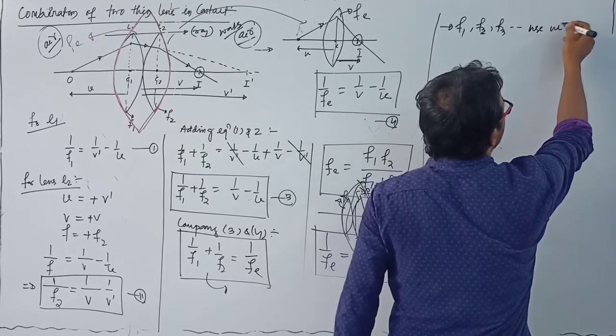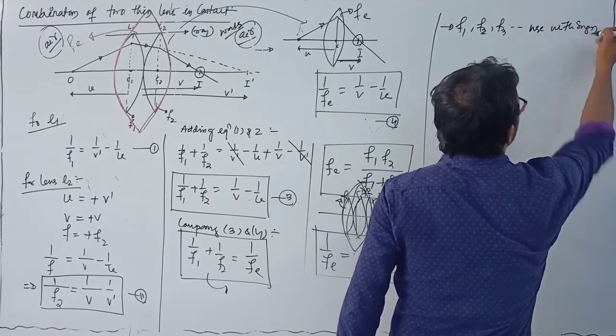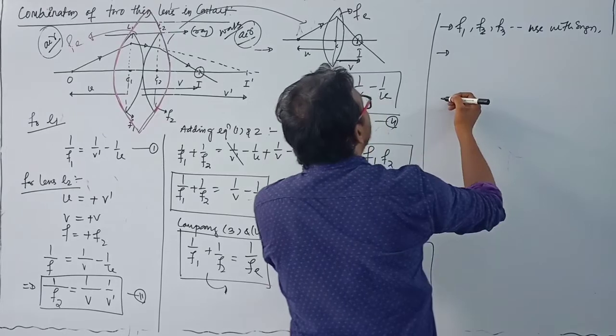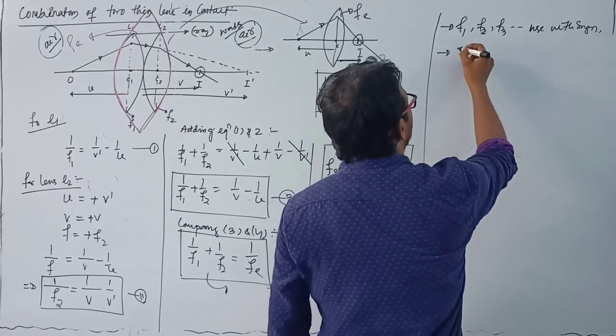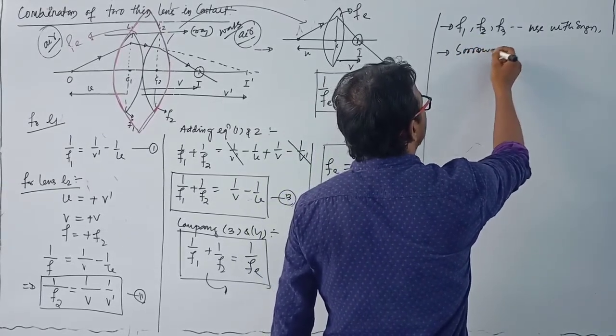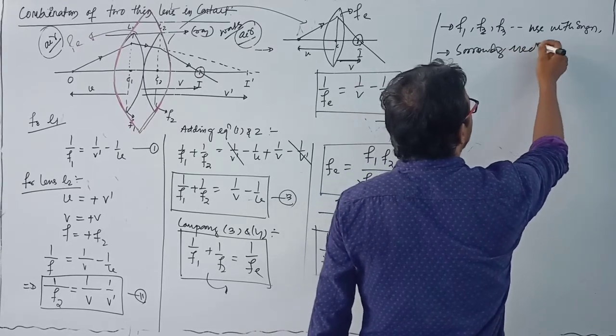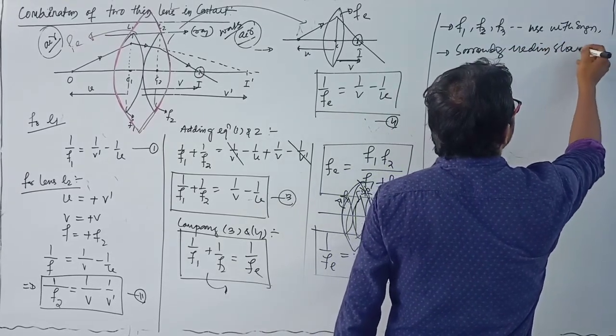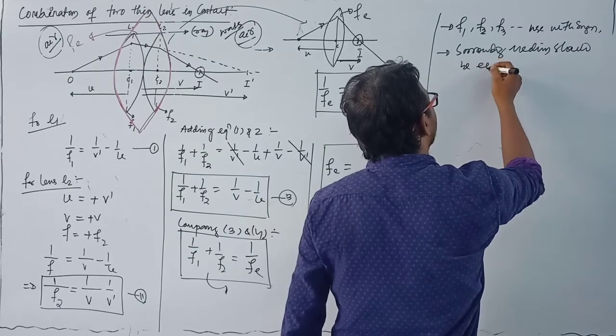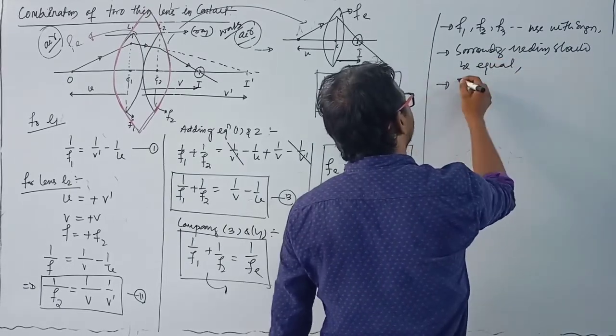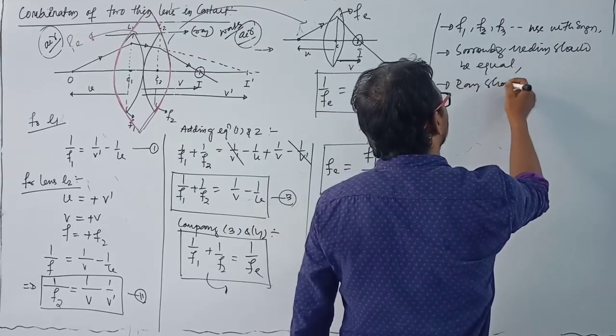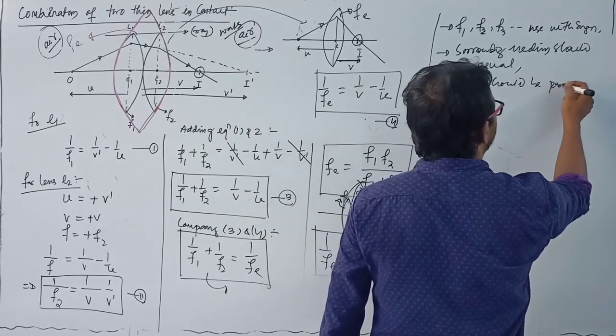Use with sign. Next, surrounding medium should be equal, rays should be paraxial.